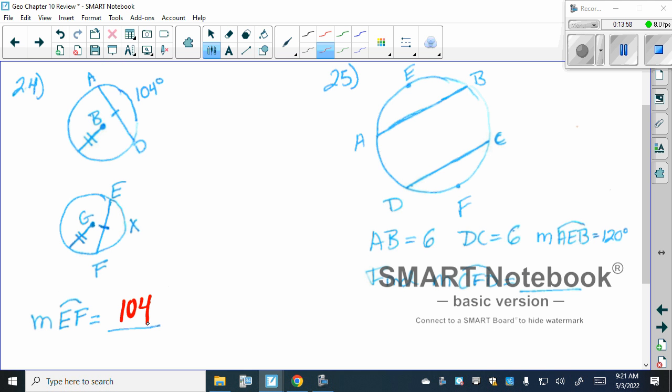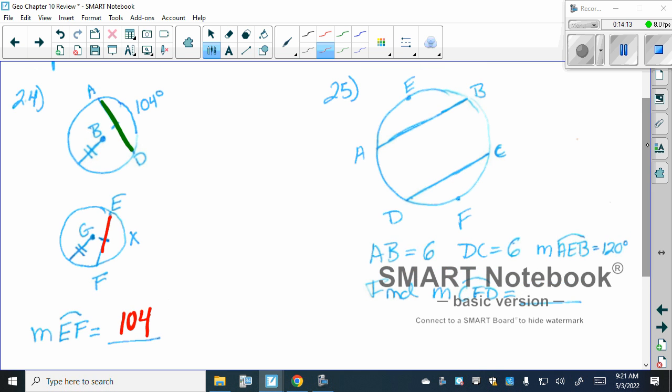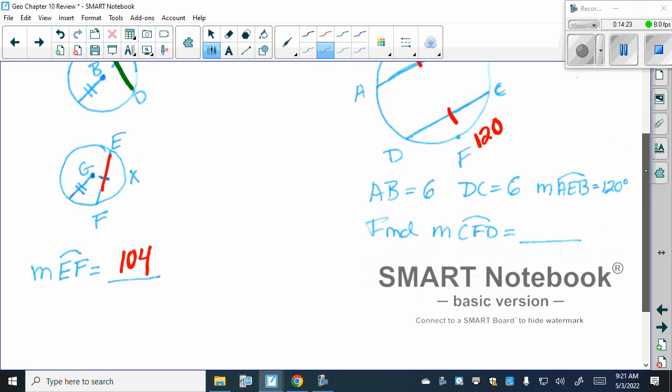Because since these two circles are congruent, this chord's congruent to this chord, so AD has to be the same as EF. AB and DC are 6, so it's just saying that these two are congruent. AEB is 120. So this one down here is, yep.